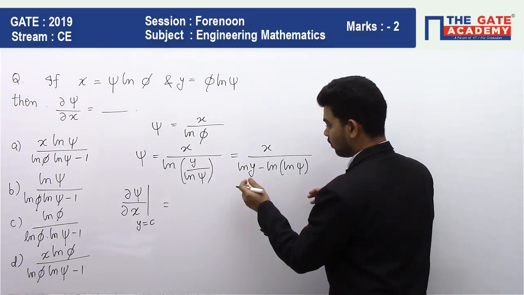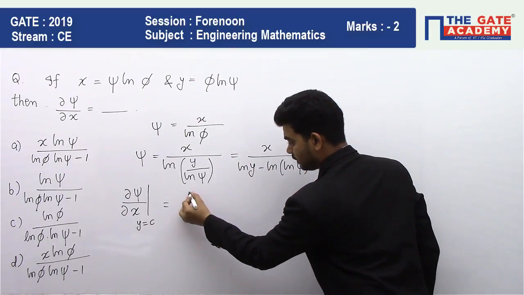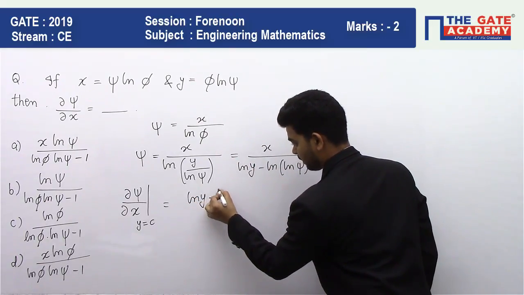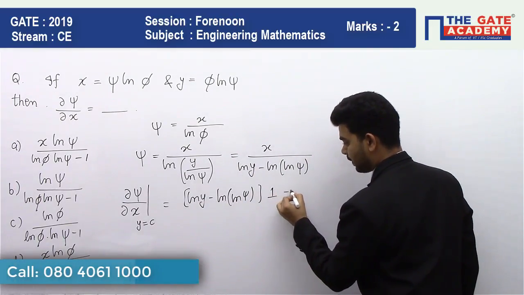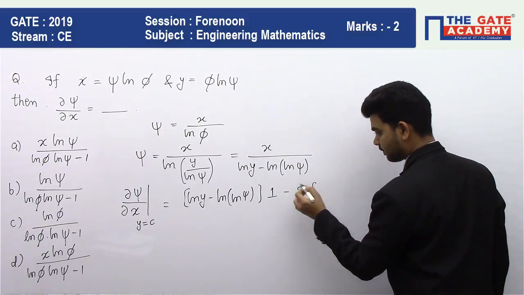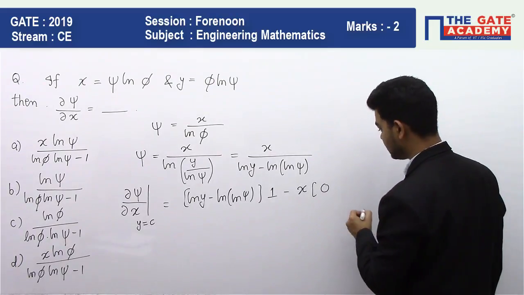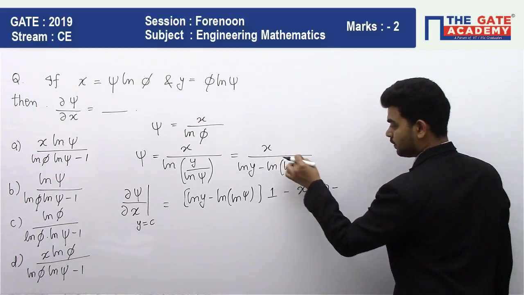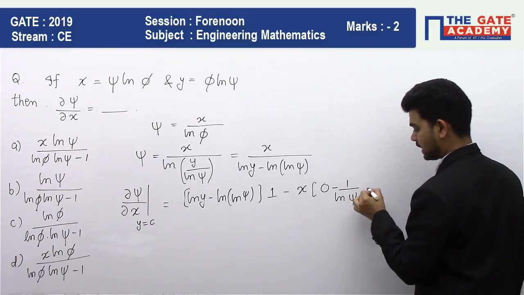So what we will do, we will leave this function and differentiate it. We will get 1 minus, we will leave the x and differentiate this function. The ln y will be 0 because y is a constant, and here we will differentiate this and we will get 1 by ln psi.